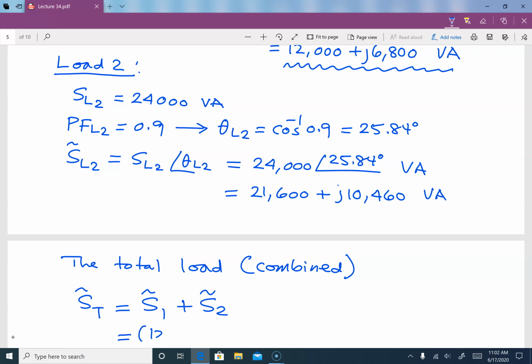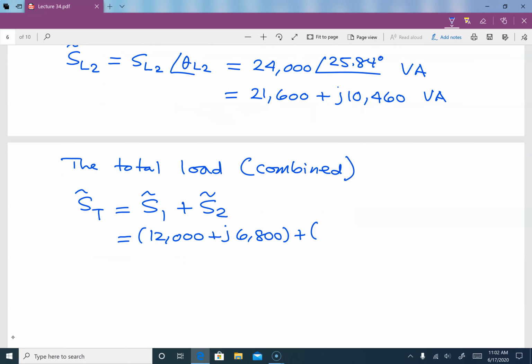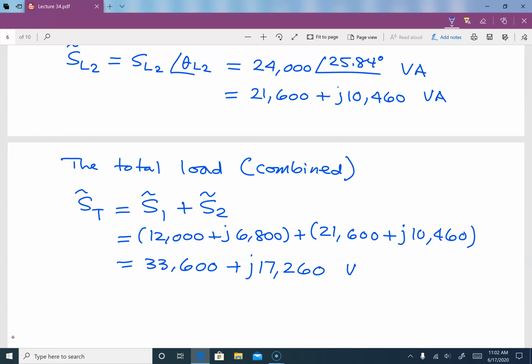The first one is 12,000 plus J6,800 plus S2 is 21,600 plus J10,460, and the answer here is 33,600 plus J17,260 volt ampere.